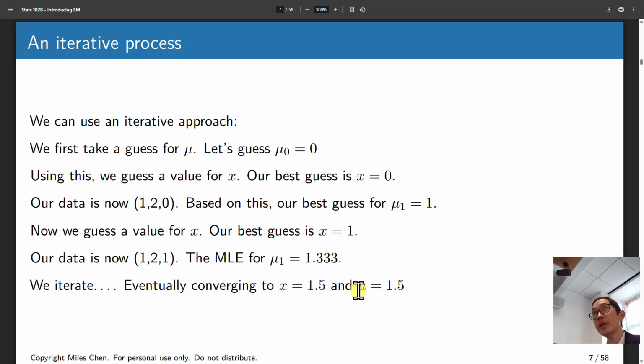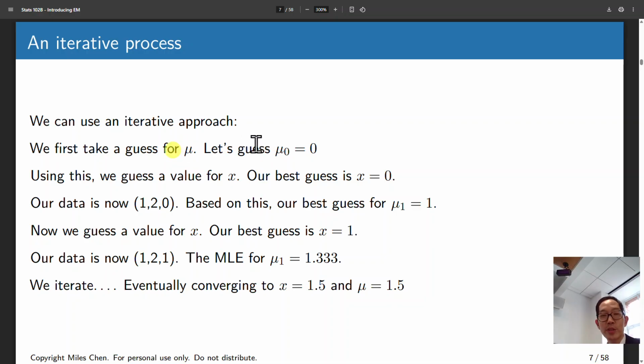And that's the EM algorithm in its most simple form. You have these two steps. One is you have an E step, an estimation step, and then you have an M step, a maximizing step.